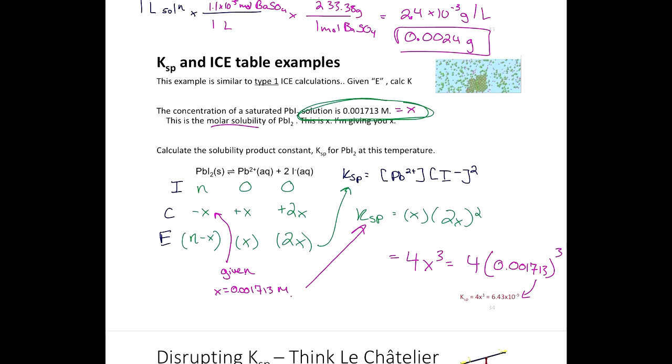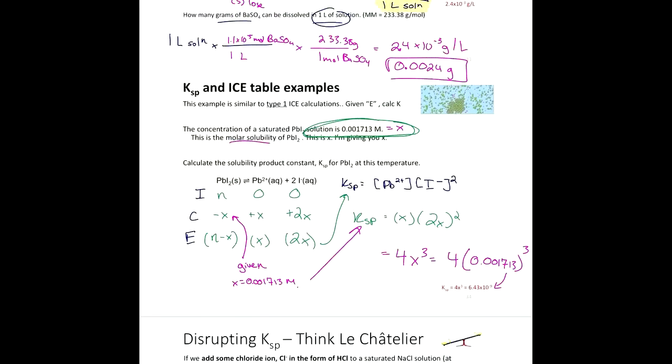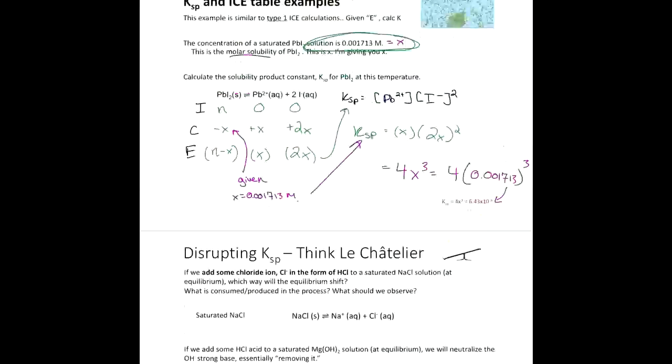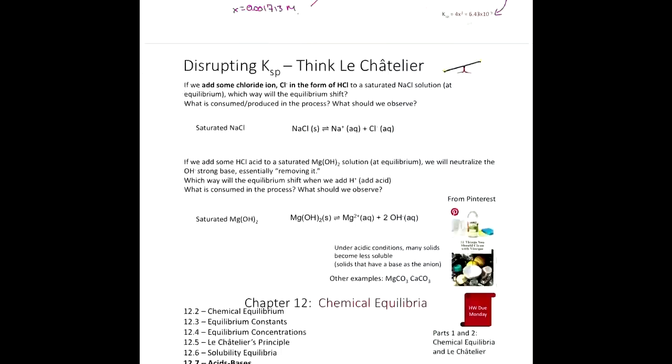And again, KSP is so small that water in contact with those road paints, very, very little of it is actually dissolving away.